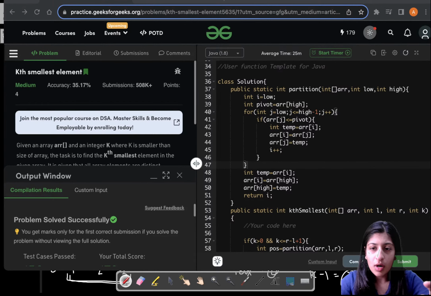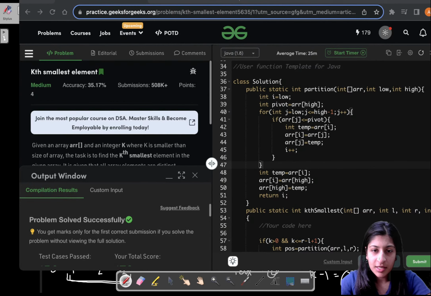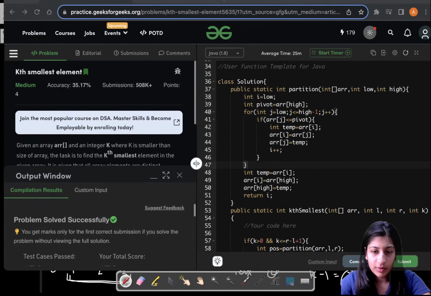Okay, so in this problem the explanation part comes here when we are doing the quick select. Let me get back to that. Navigating pages is becoming a little hectic for me in this OBS.